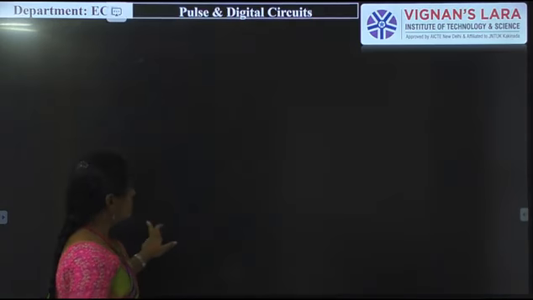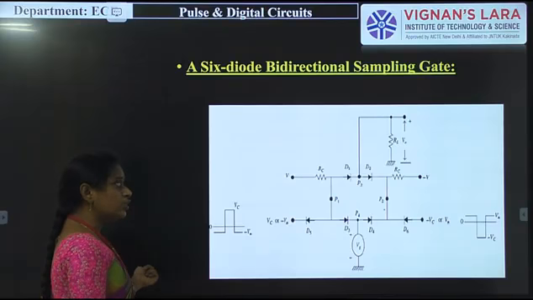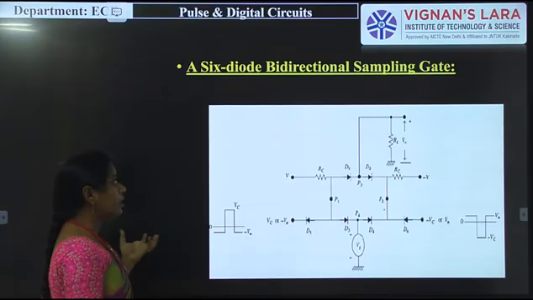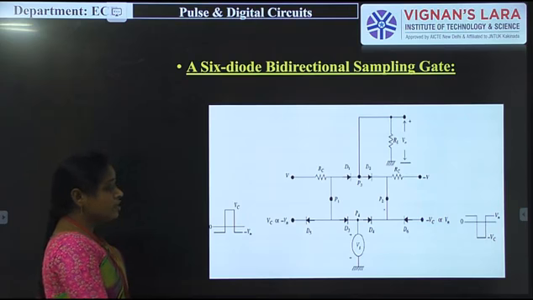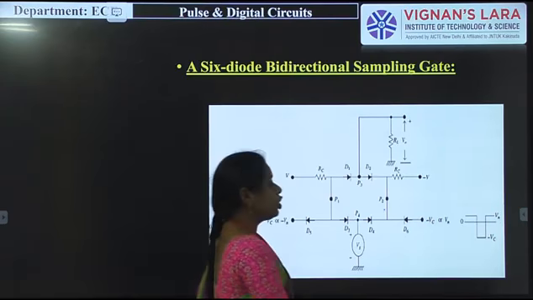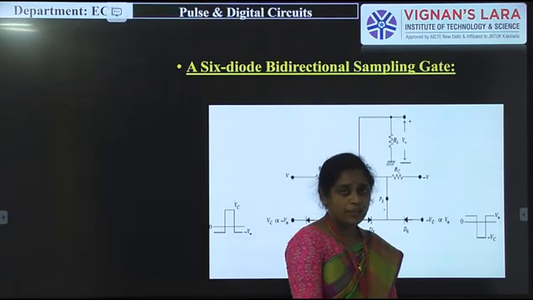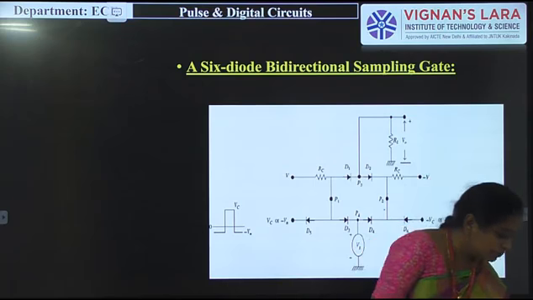Its operation is like the 4-diode sampling gate. Compared to the 2-diode and 4-diode sampling gates, the 6-diode sampling gate increases the gain of the signal, and whatever the input signal, it is produced at the output side without any attenuation, nothing but without any disturbance.